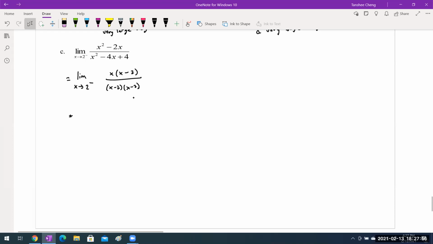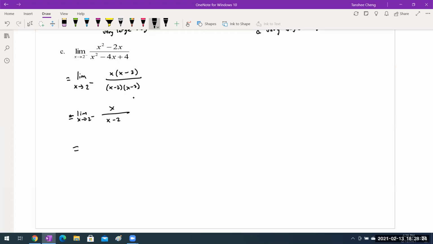So if I reduce it, then it will be x over x minus 2. And make sure you remember that the limit of the original function and the limit of the simplified function are the same limit.